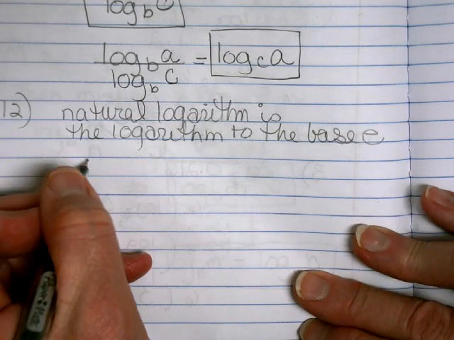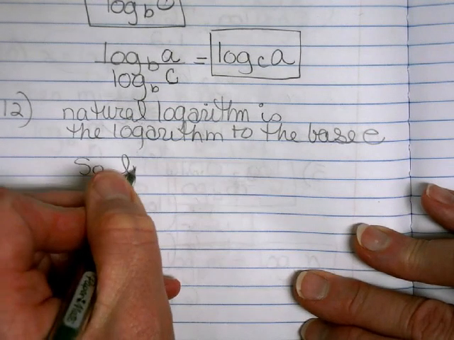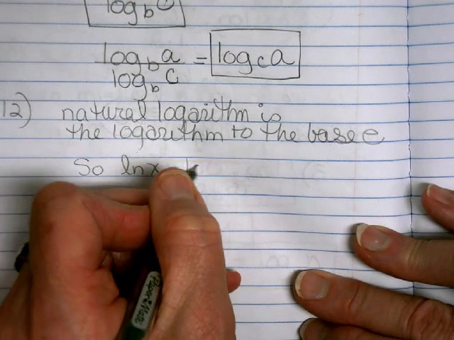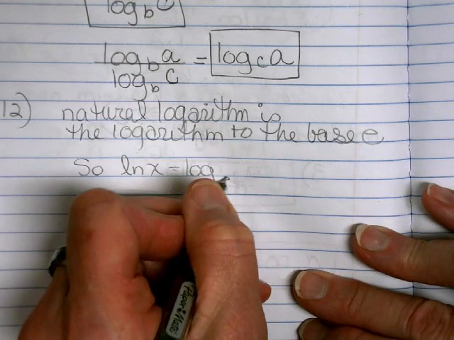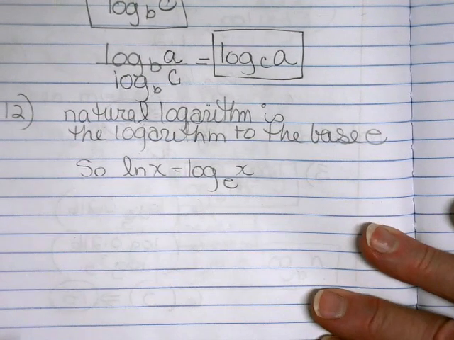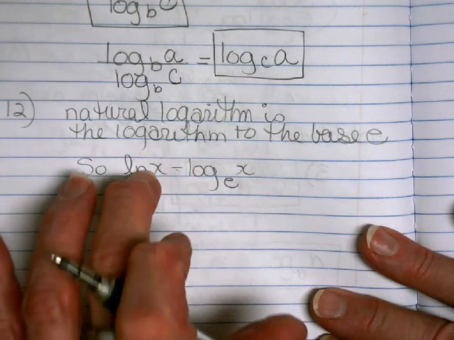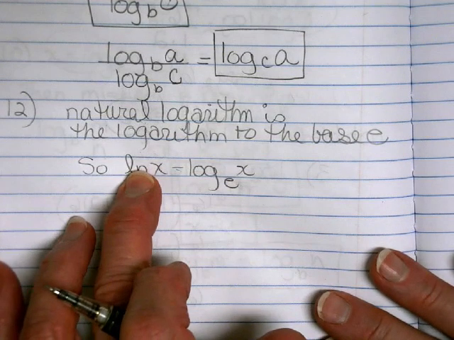I've told you that before. I don't know if you've gotten that. So now it is in symbolism. Natural log of x is log base e of x.